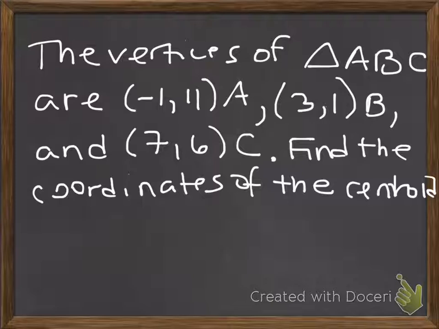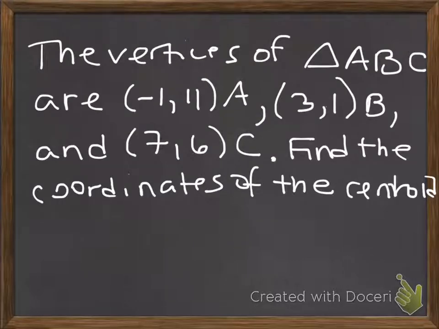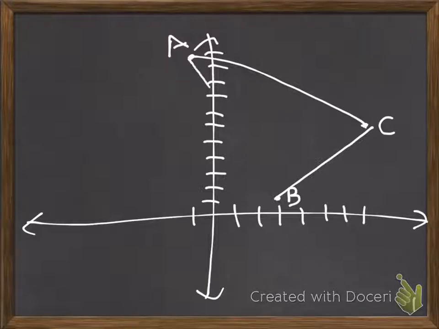B is 3, 1. And C is 7, 6. So we have a triangle here.